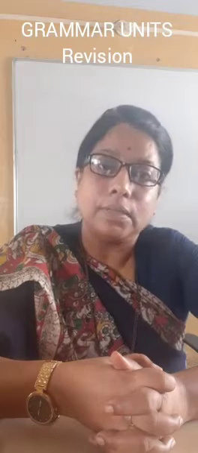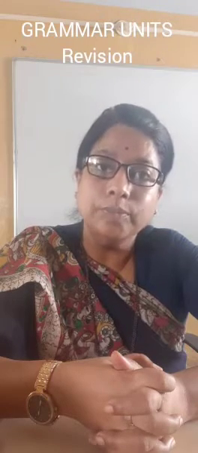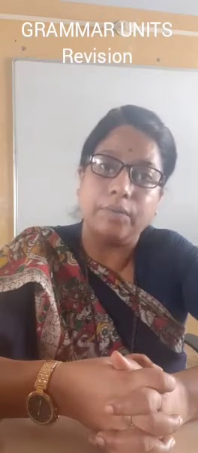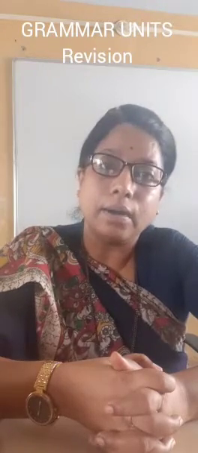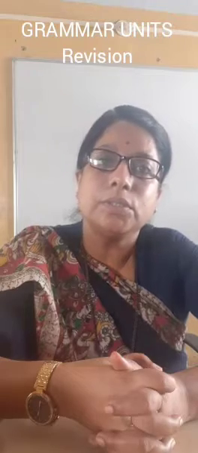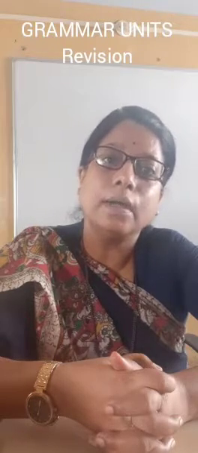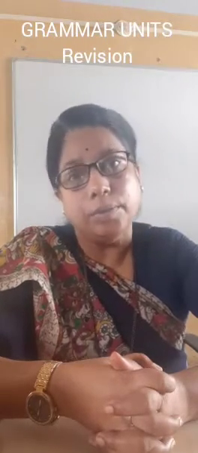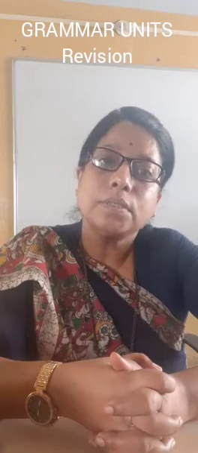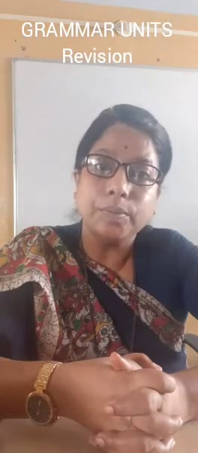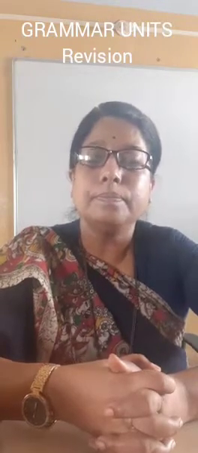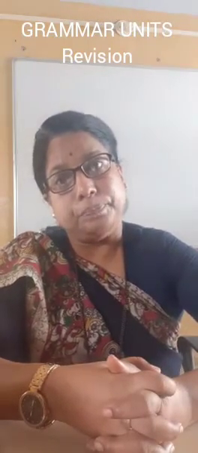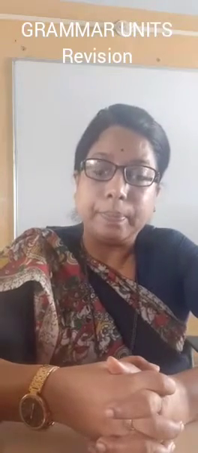Open word classes are nouns, verbs, adjectives, and adverbs, whereas the closed word classes are articles, prepositions, conjunctions, interjections, and pronouns. Now, why are nouns, adjectives, adverbs, and verbs called open word classes? Because they are open for further additions.